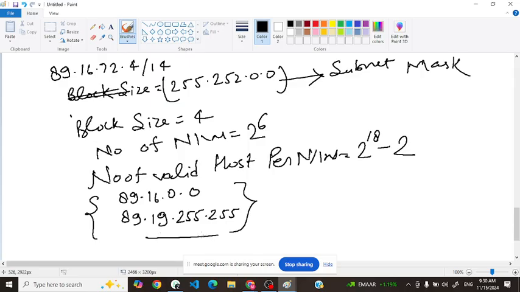Abdul, is it correct? 89.16.0.0 is the network, right? So we start from 16.0.1, right?